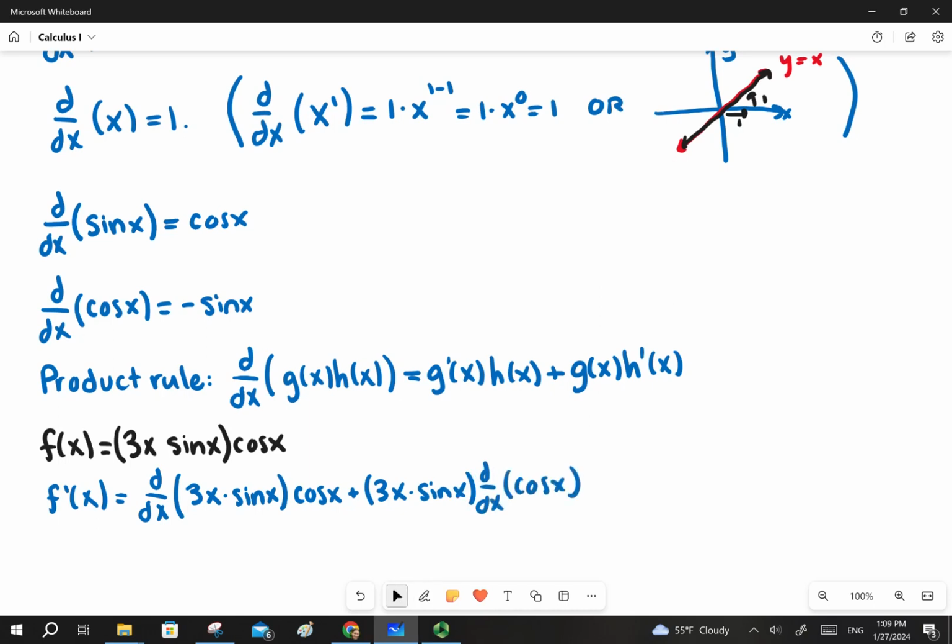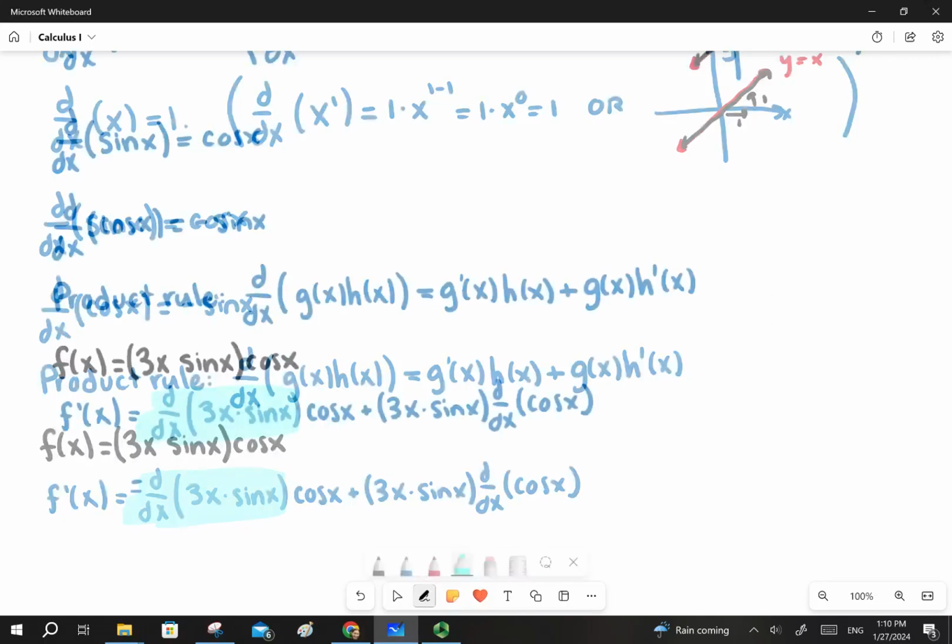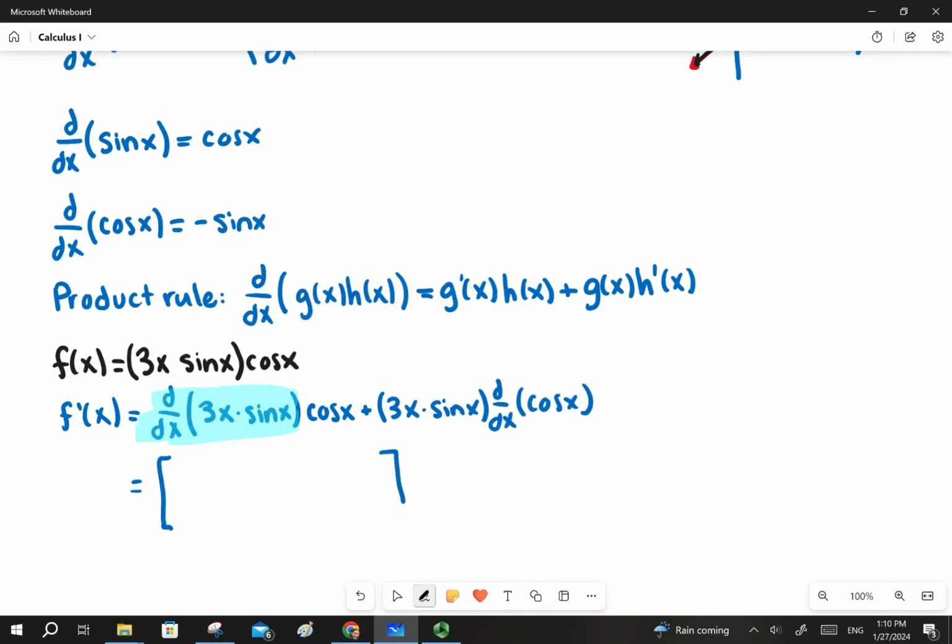Now here's where it gets tricky. When I try to take the derivative of the first function, it itself is a product, so it needs the product rule too. So this is a nested product rule problem when approached this way. So I'll put big brackets here to make sure I leave myself enough space.